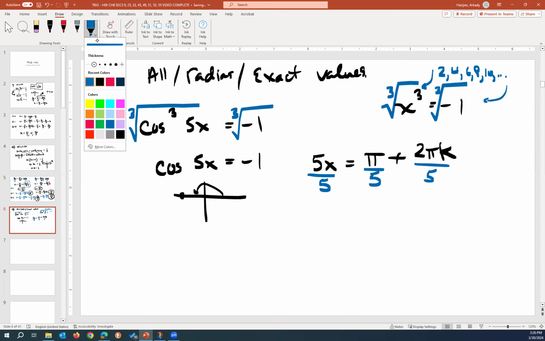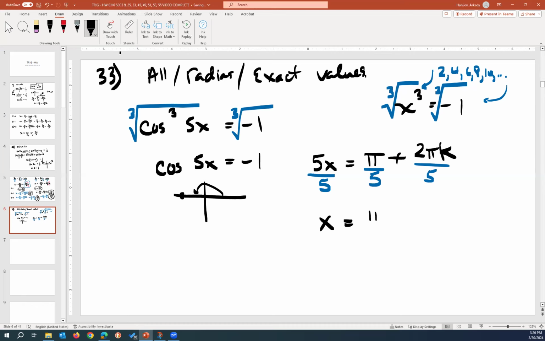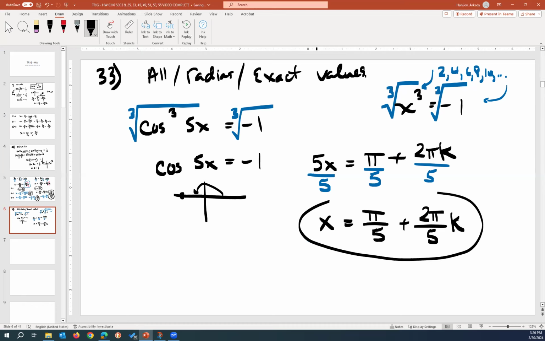And we don't need to plug in x's because we are not specific to 0 to 2 pi. We actually want all the different answers in the whole entire planet. So in this case, that right there is the final answer. You don't need to go beyond that. No plugging in k's. K's are plugged in only to get specific values. All right, and there it is. All right, number 45.